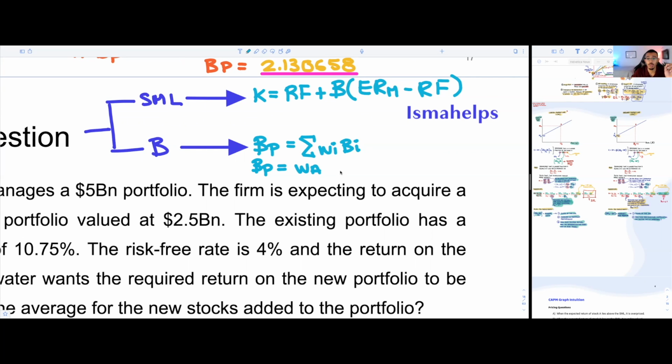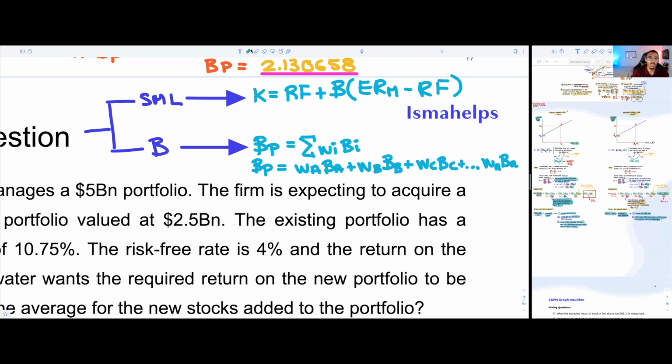The beta of a portfolio is equal to the weight of asset A times the beta of asset A plus the weight of asset B times the beta of asset B plus the weight of asset C times the beta of asset C plus three little dots to highlight the sense of continuity, of us doing this forever. And then we add the weight of the nth asset times the beta of the nth asset.